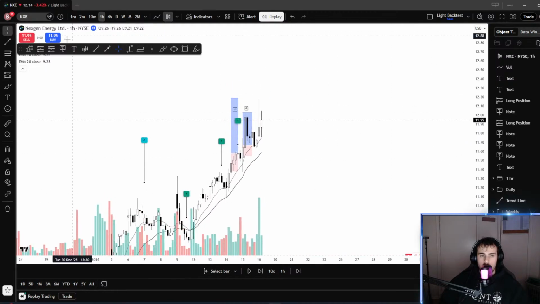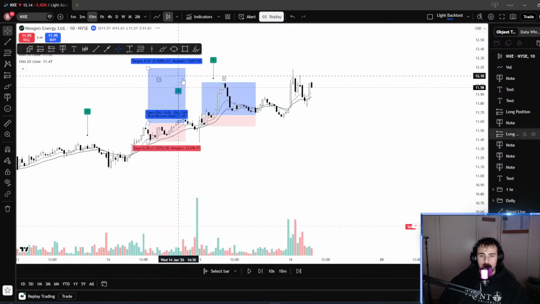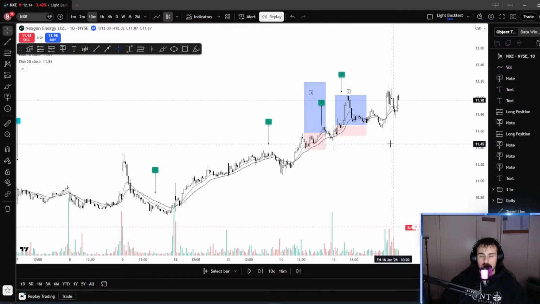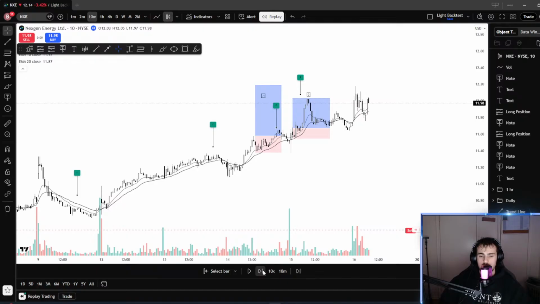And then this would be the third high to be ran. I don't trade anything past the third high. So yeah, I just want to trade this.